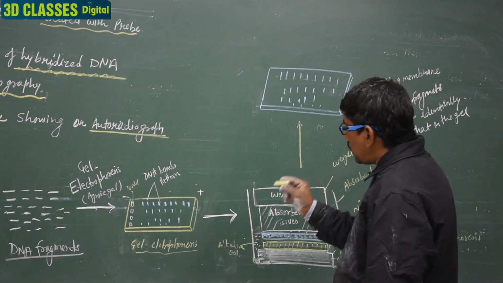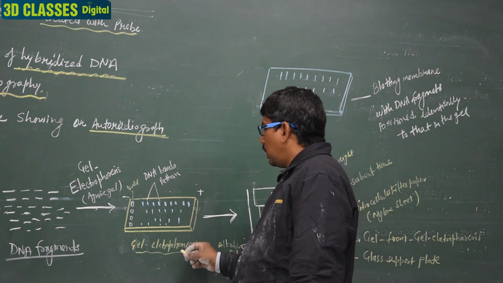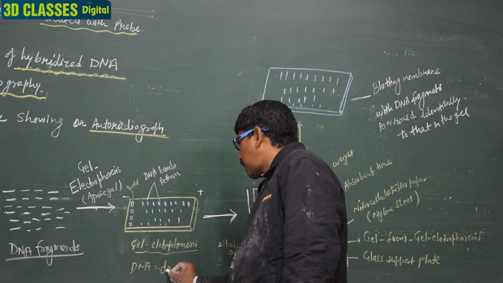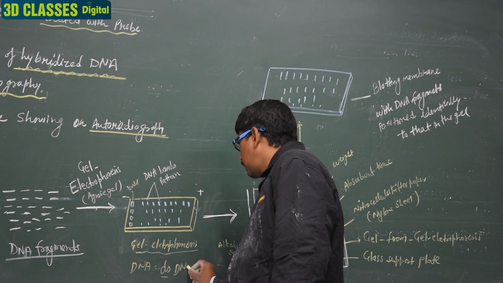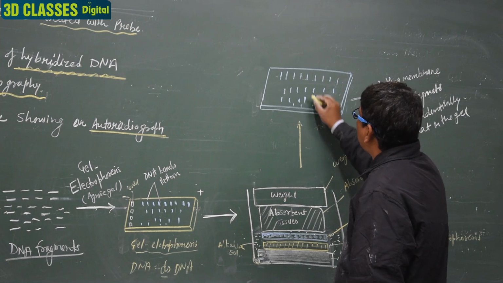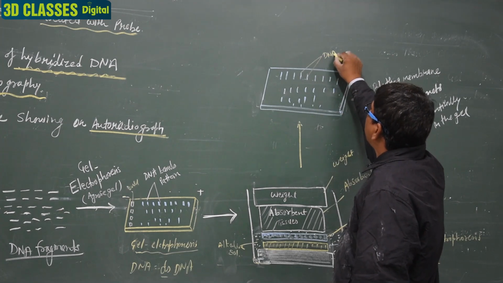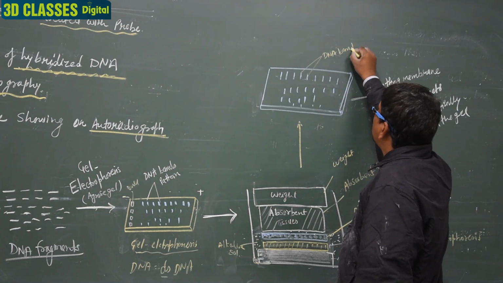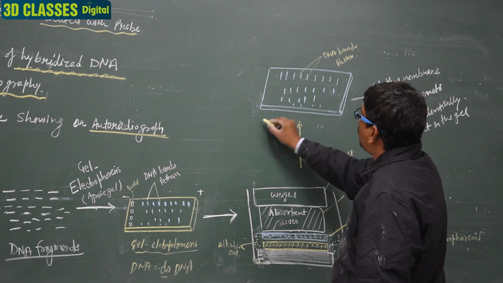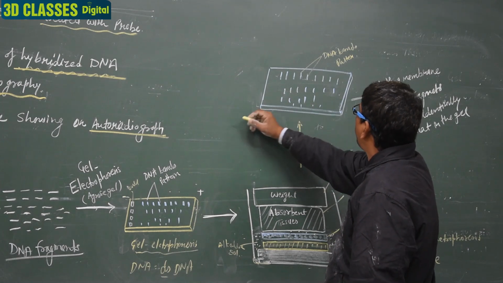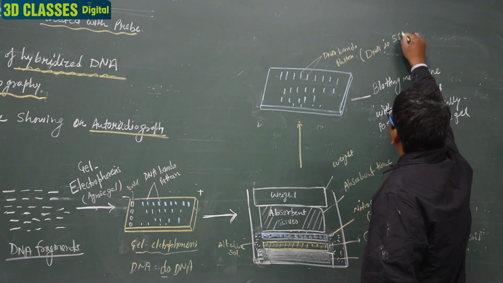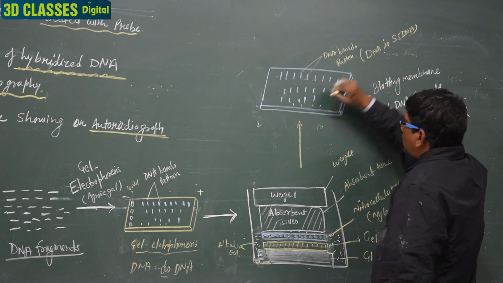Clear? So I explained earlier that in the reference the DNA is dsDNA. Here the DNA is ds type, and here in the gel these bands are the DNA band pattern, and here the DNA is ssDNA. Which DNA? ssDNA. Clear?